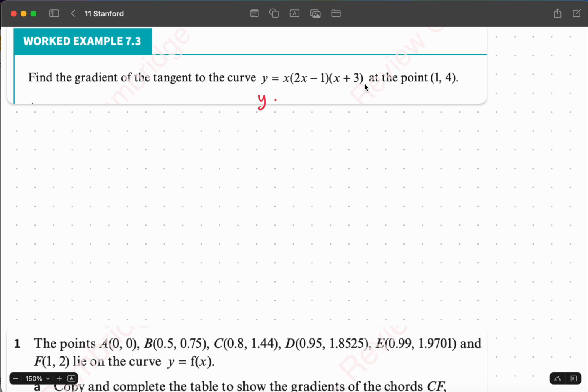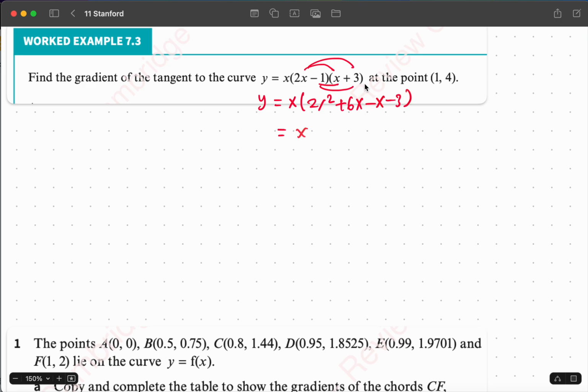Okay, so I will put the x outside first and then multiply this first. So 2x times x will be 2x squared, and then 2x times 3 will be 6x, negative x, negative 3.